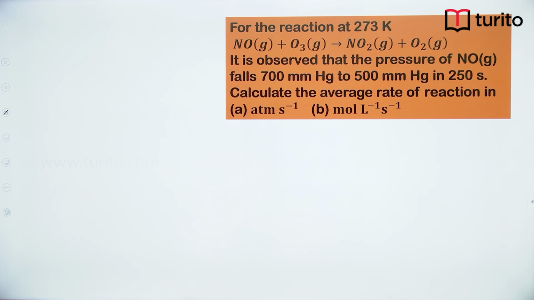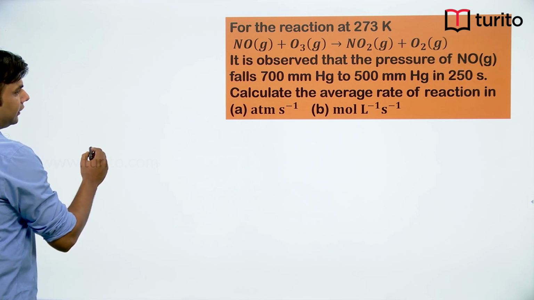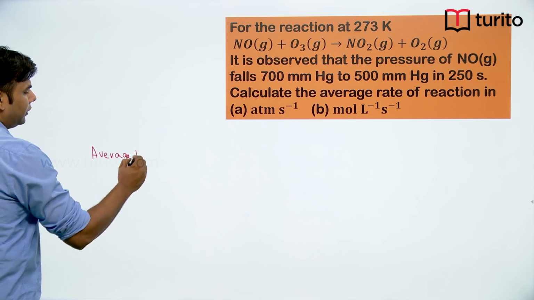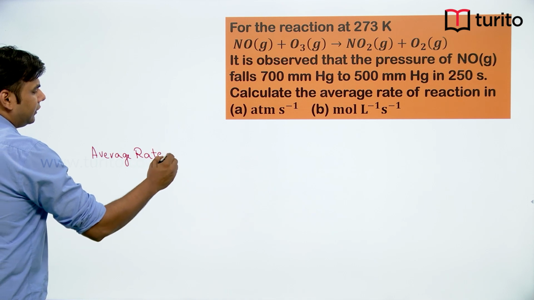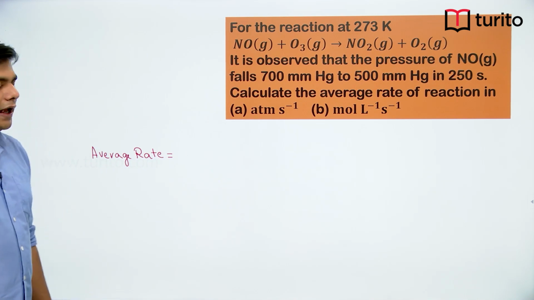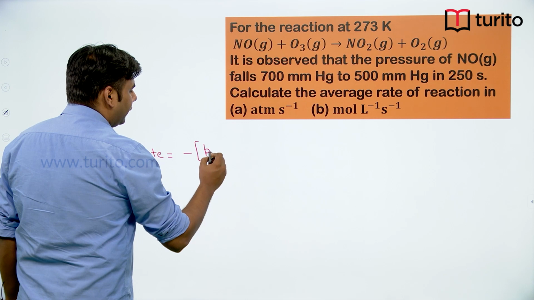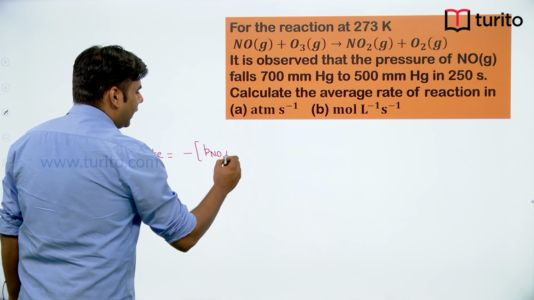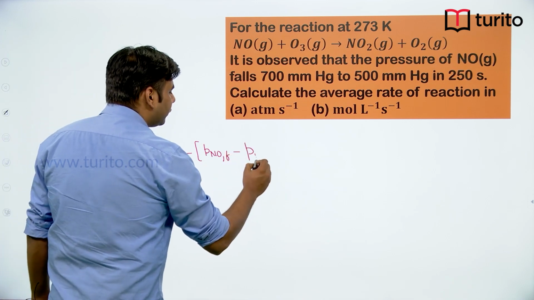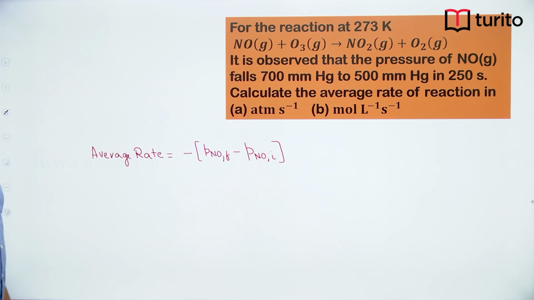So basically in this question again everything is given in terms of pressure. So we will say that the average rate will be equal to, because we have been given the pressure of NO gas, so basically we have been given the reactant, minus final pressure of NO minus initial pressure of NO, divided by time taken.